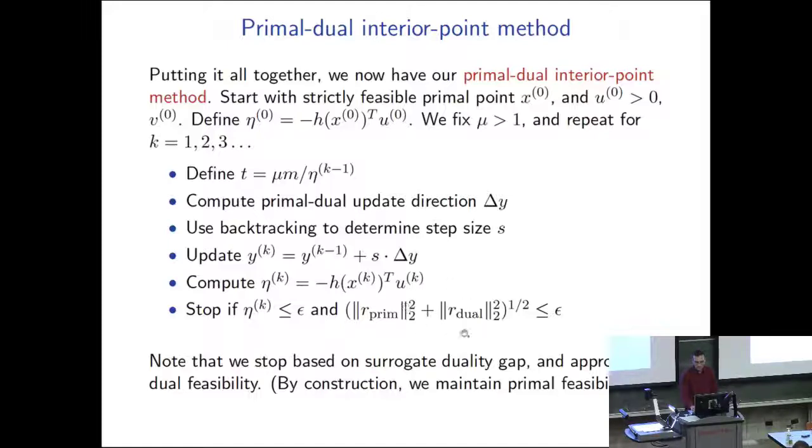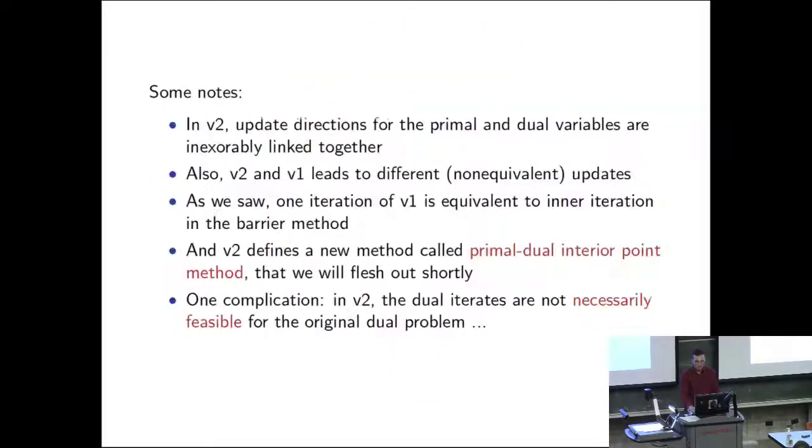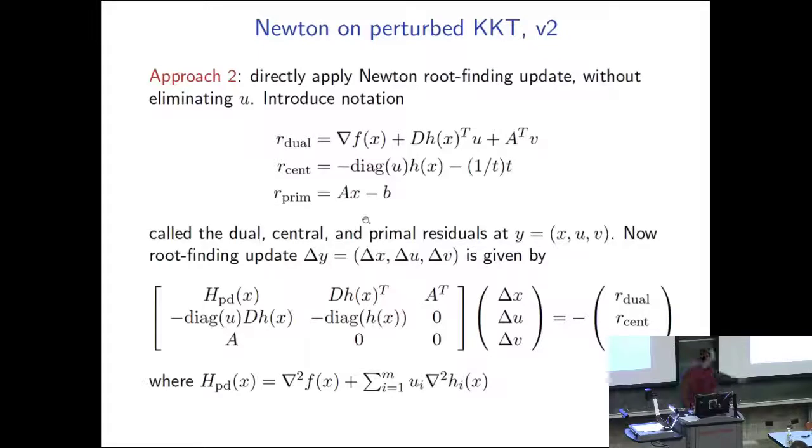I had probably said it in a confusing way. If we had set Ax equals b to begin with, then the third component of this r vector would be 0. So that would really just read as a condition on the stationarity block.